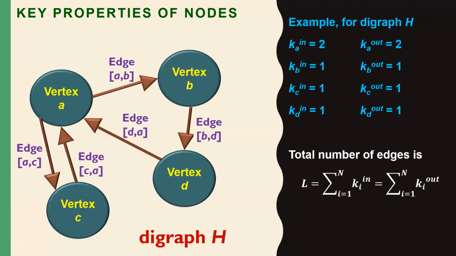Because remember, in a simple graph, the size of the graph is 1/2 the total of the degrees. But here, this slide is telling us that the size is equal to the sum of the incoming degrees or the sum of the outgoing degrees. So why do you think that is so?